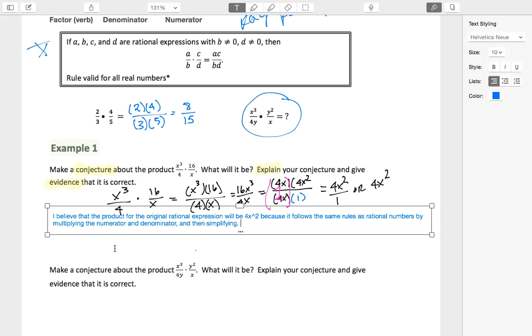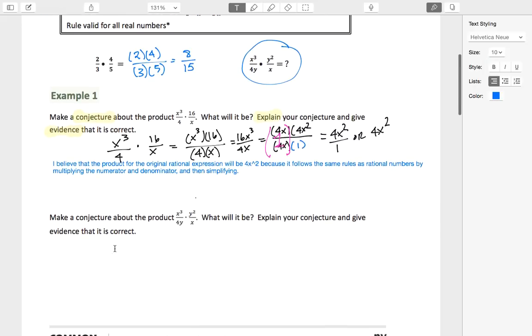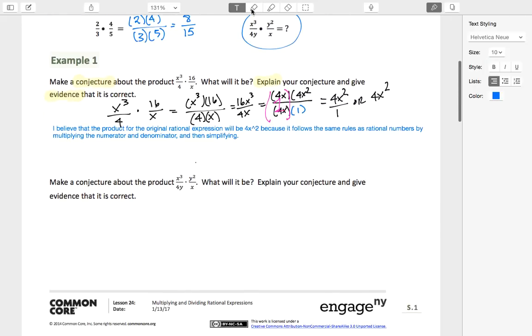Okay, so that's my conjecture. All right, moving on to the second part.